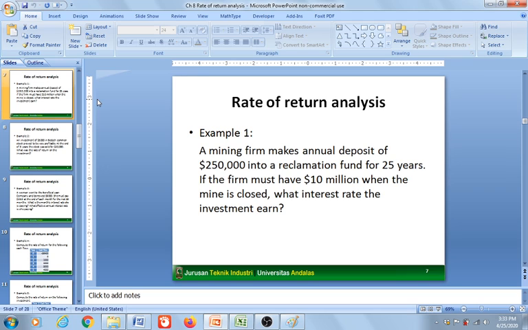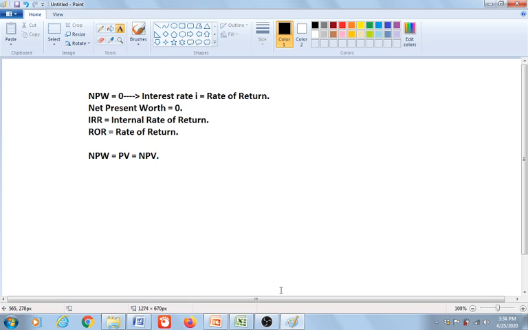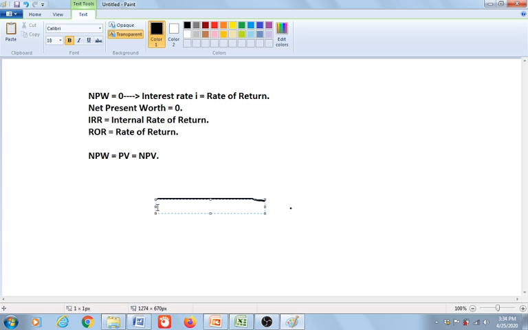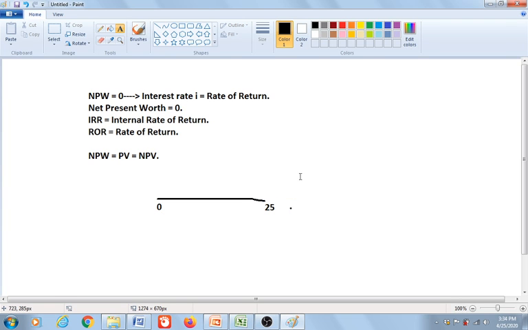As usual, the first step is to make the cash flow diagram of the problem. We have 25 years over here, 0 and 25.